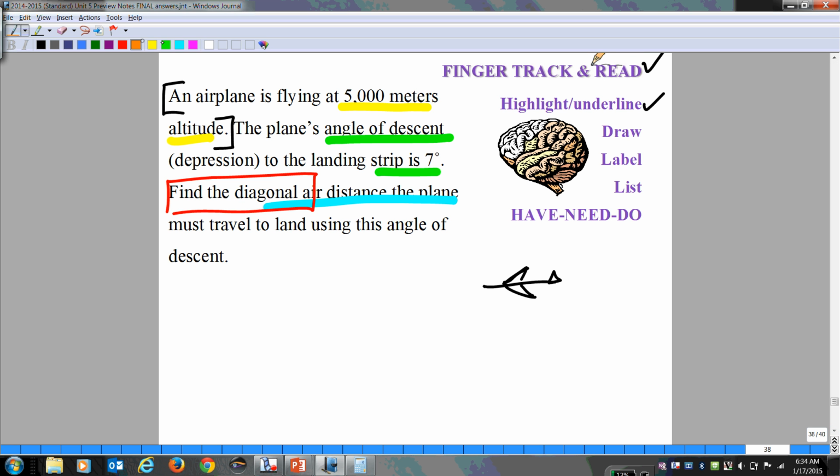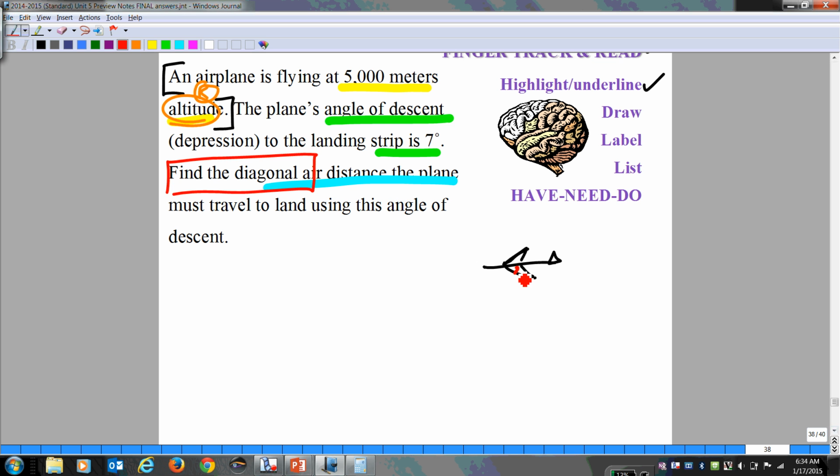The word altitude and height always creates the right angle. So that is 5,000 meters. Now, I've accounted for that first sentence, so you cross it out. Get in the habit of doing that.